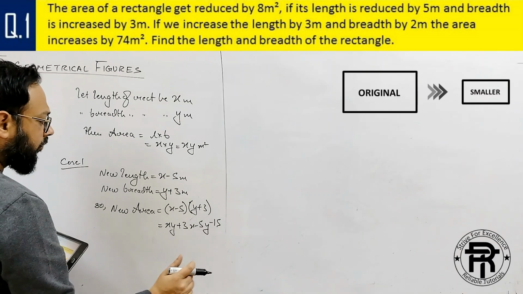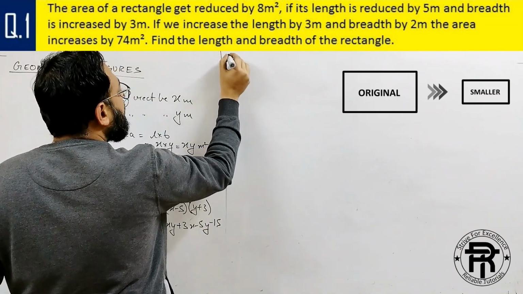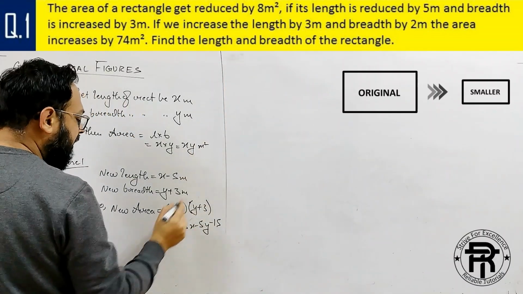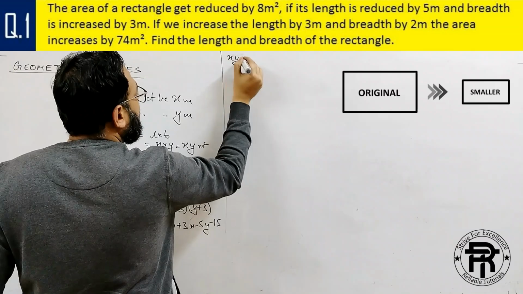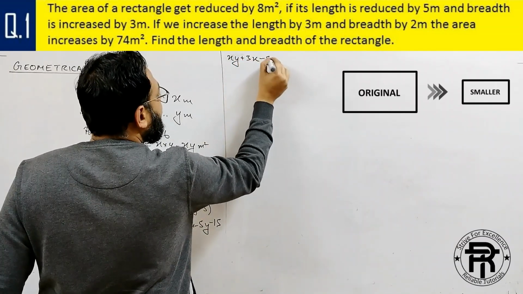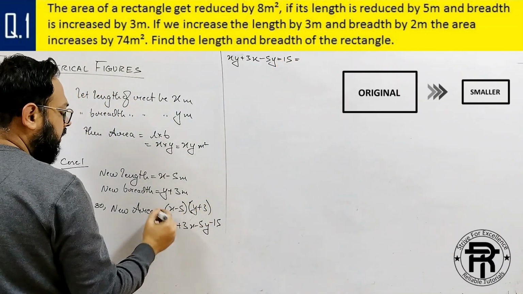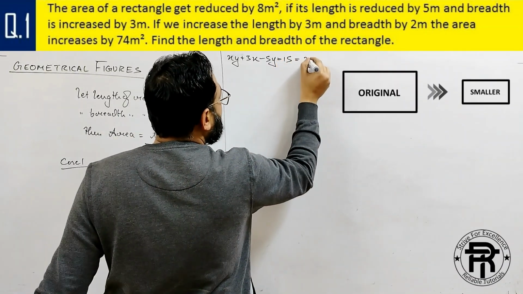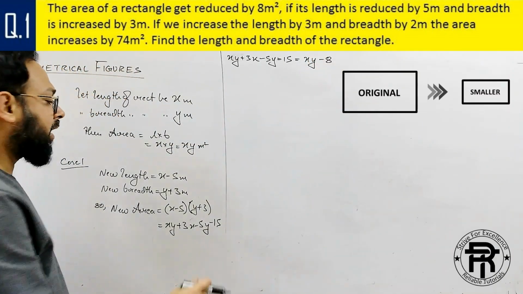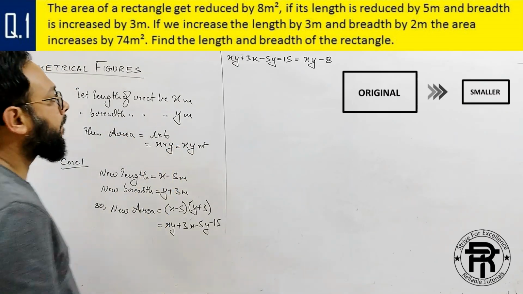So what we can conclude out of it is that from the original area, we will obtain the new area xy plus 3x minus 5y minus 15, when we subtract 8 from the area of the original rectangle.